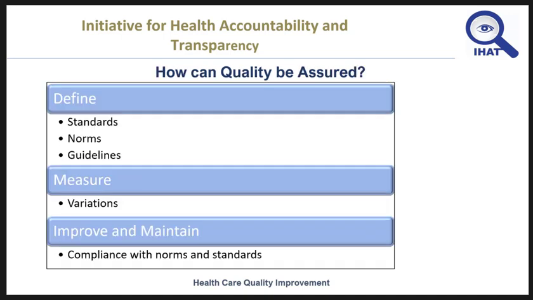Now, after you have instituted quality improvement programs, how can you be assured that quality has been well established? How can quality be assured? First, in establishing quality improvement programs, you have to define standards, norms, and guidelines. And after you have defined them, you have to measure variations with performance and standards, and then you look to improve and maintain compliance with these established norms and standards.